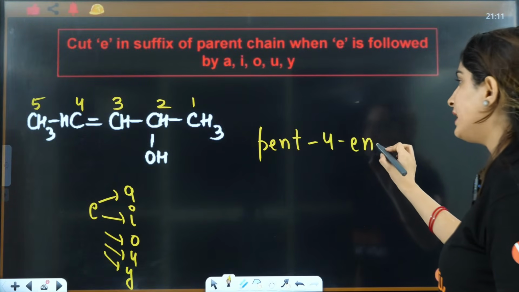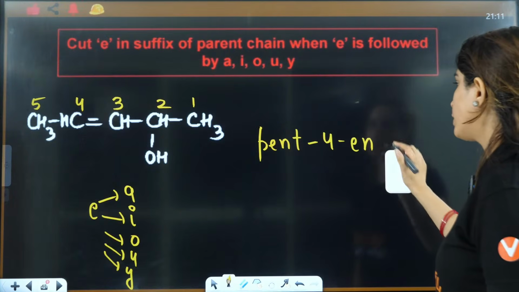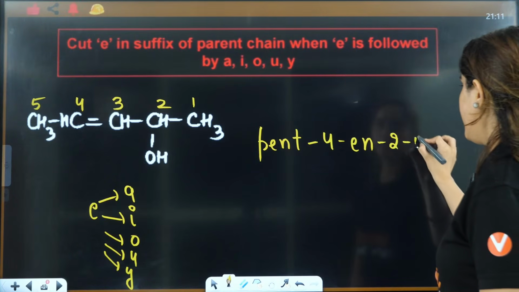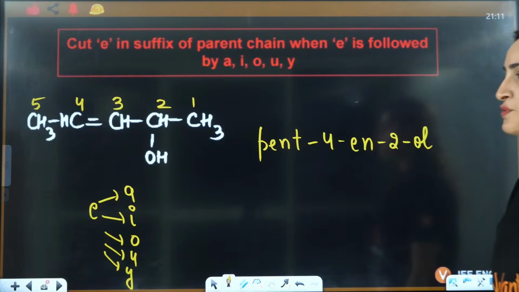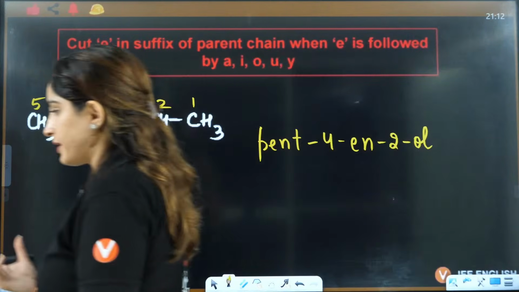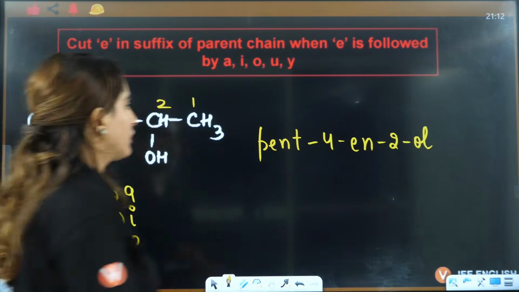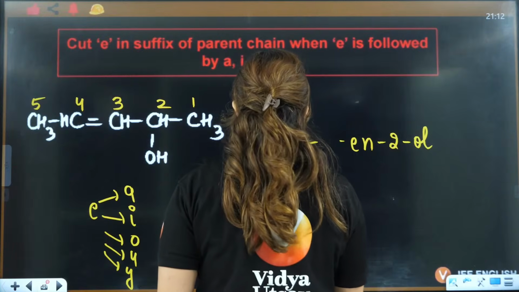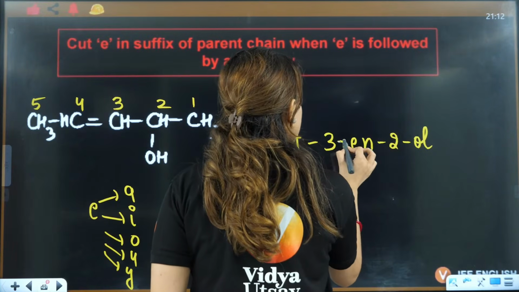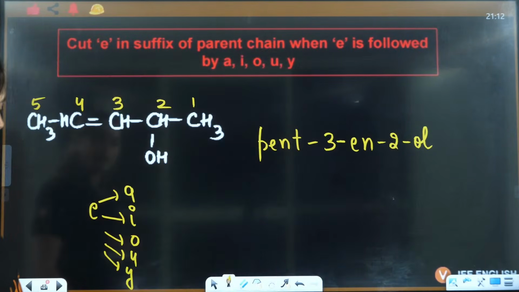So it will be pent-4-en-2-ol. Right, so that's why E will be cancelled here. Acha, yes, it is 3. Wait a minute. Yes, it is 3. So I'll just put 3 here. Okay, done.